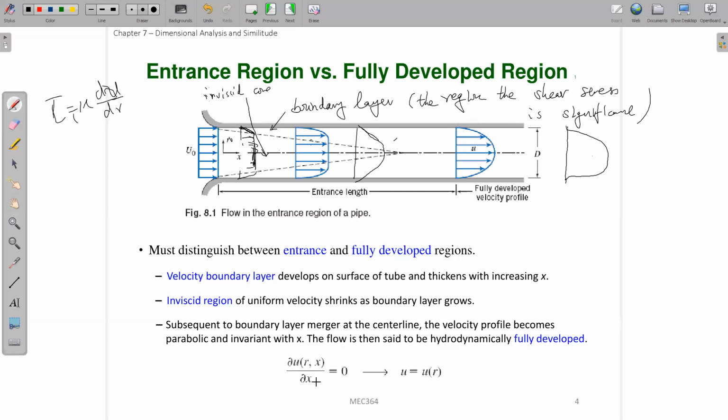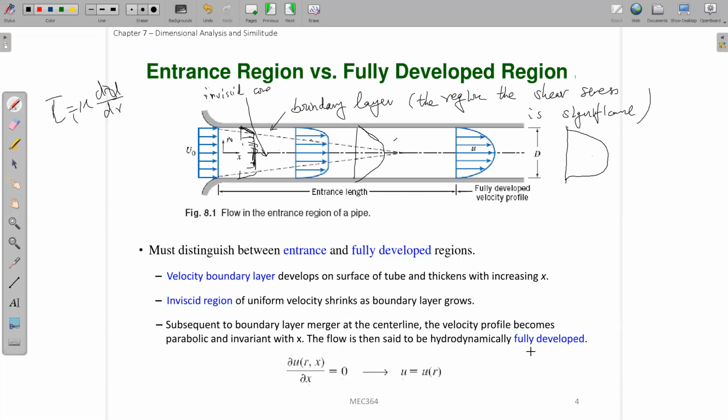We can assume that the velocity u is only a function of r, not a function of x. In other words, partial u partial x equals 0, or u is only a function of r, then we say the flow is fully developed.